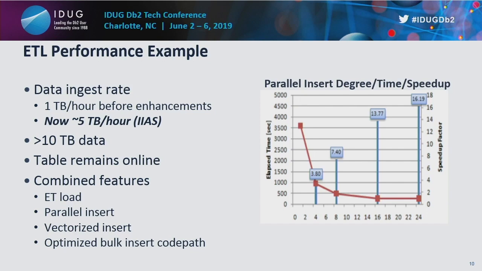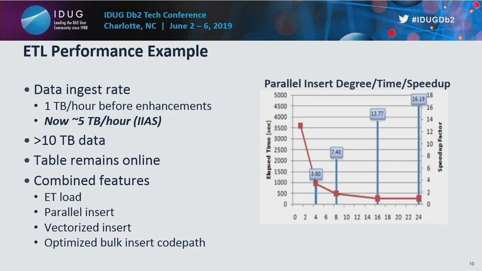So these things together, and there's a little bit more that goes into this that we'll talk about in compression in a minute, but what I really want everyone to take away from this is that with all of these improvements, we're able to get at least 5 terabytes an hour data ingest on the appliance. And that's minimum. We're usually talking 5, 7, 10.